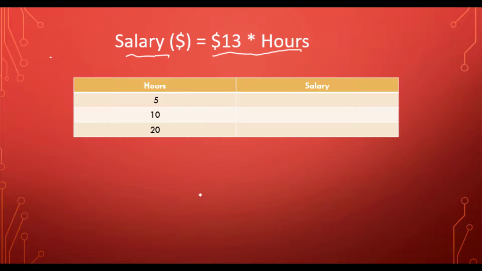But the question is, like for 5 here, how do you input 5 hours and miraculously come up with $65? In other words, how do you transform hours into dollars?